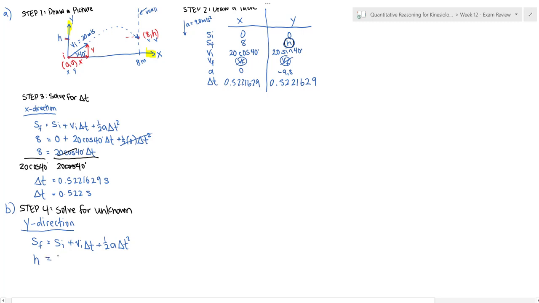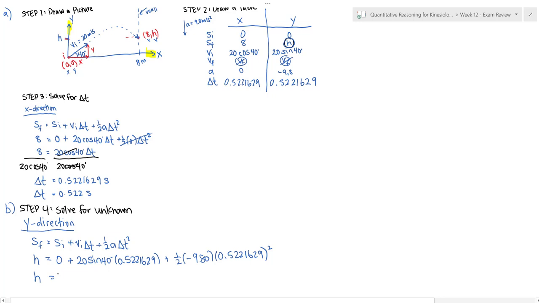Our S initial is 0 plus our V initial, which is 20 sine 40 degrees, times delta t, which is 0.5221629 seconds, plus 1/2, a is negative 9.80, and then delta t again is 0.5221629 squared.